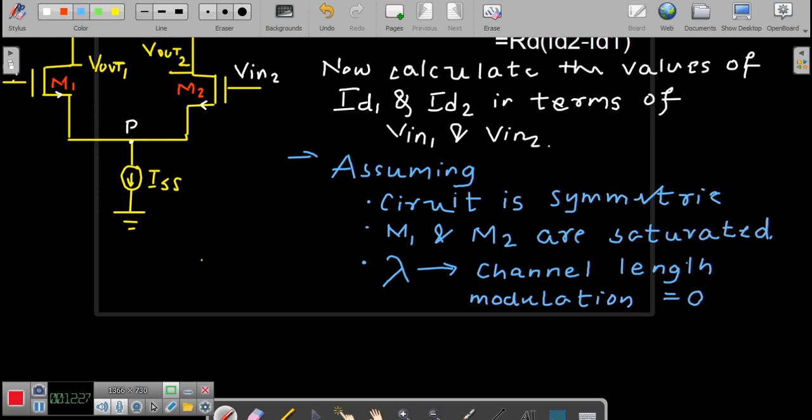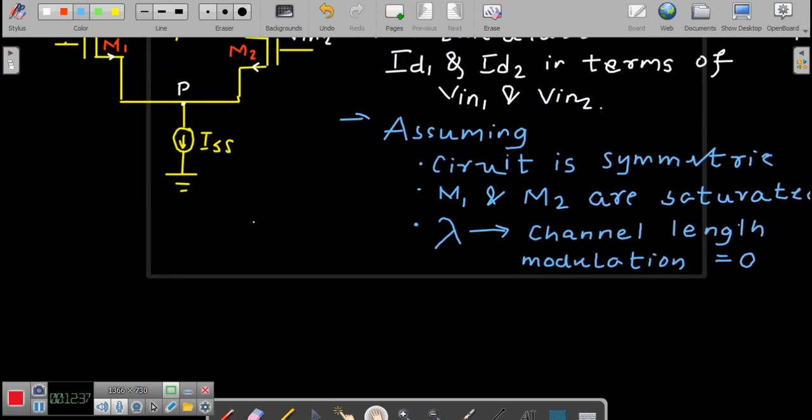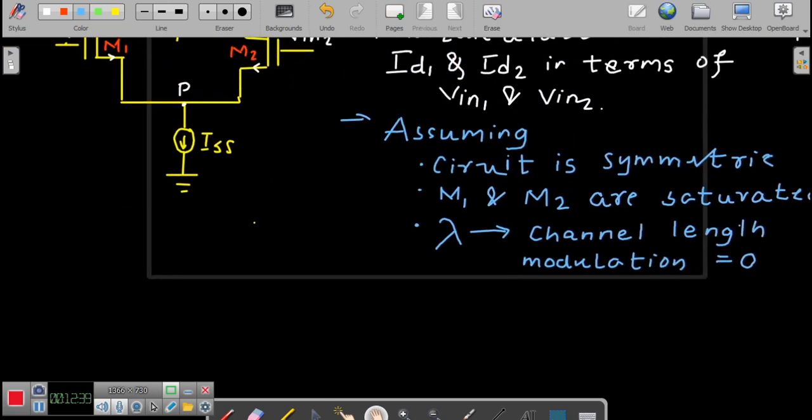So that is assumed to be 0 in this case. So with these three parameters, we will now proceed further to obtain the expressions for ID1 and ID2 in terms of Vin1 and Vin2, the input voltage, right?